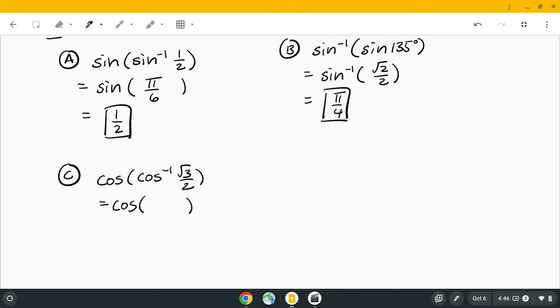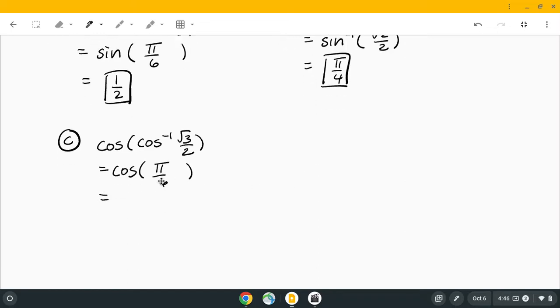When is cosine square root 3 over 2? That would be at 30 degrees, or pi over 6. And what is cosine of pi over 6? That would be square root 3 over 2.